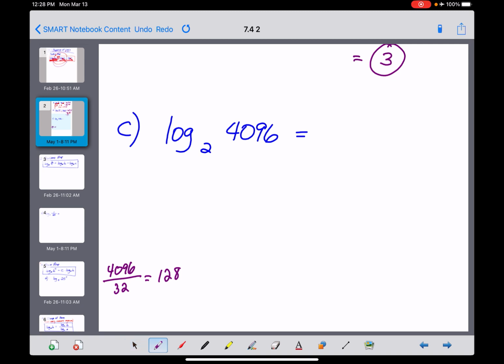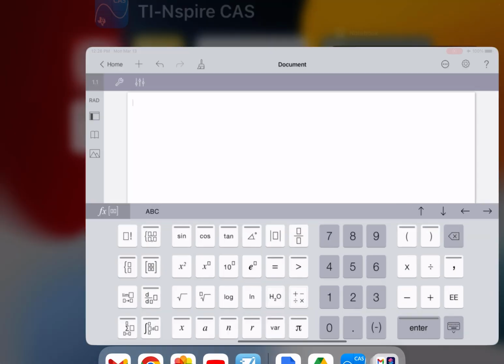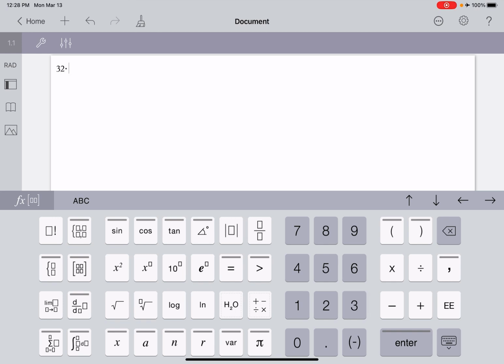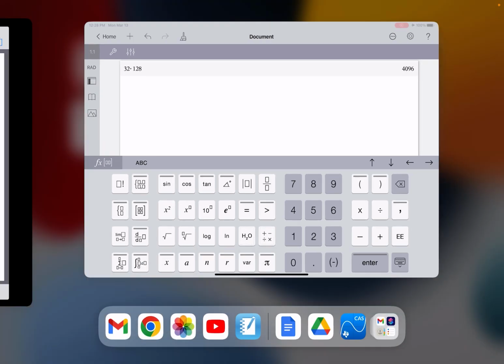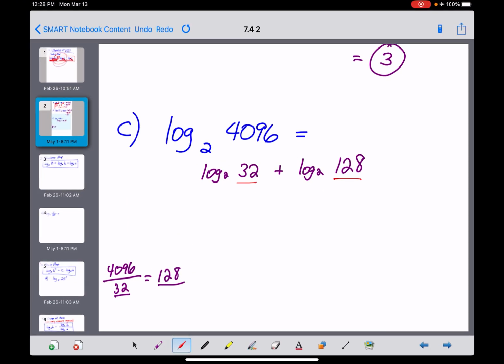Maybe we could make this, I'm going to start a new line right here, the log base 2 of 32, and add to that the log base 2 of this number here, which was 128. This works, everybody, because 32 times 128 equals that big initial product that we had of 4096.